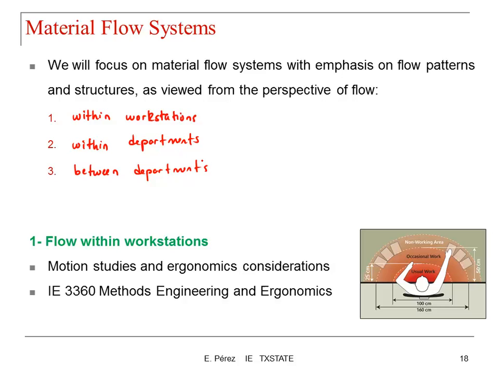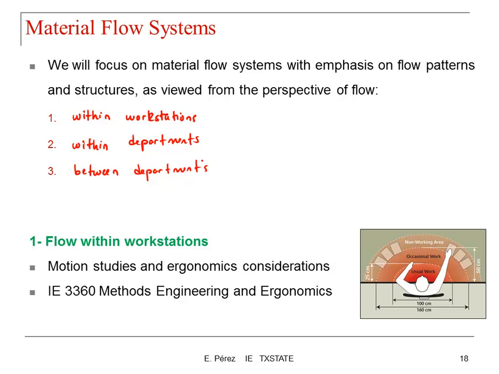So the first one is basically designing the workstation for your employees. So if you are going to have a person assembling a particular component for a cell phone, you might see some buckets with parts, and they're going to be grabbing those parts to put the component together. So for that type of flow, we have motion studies and ergonomic considerations.